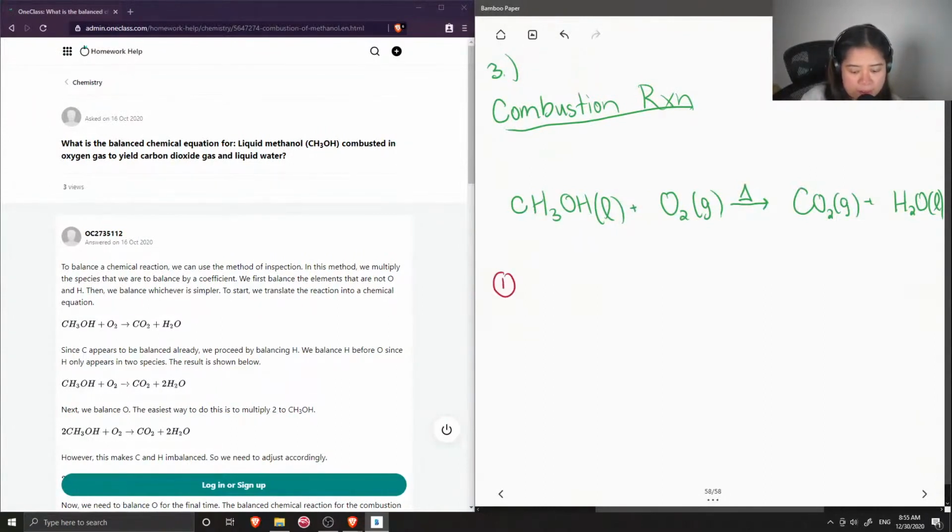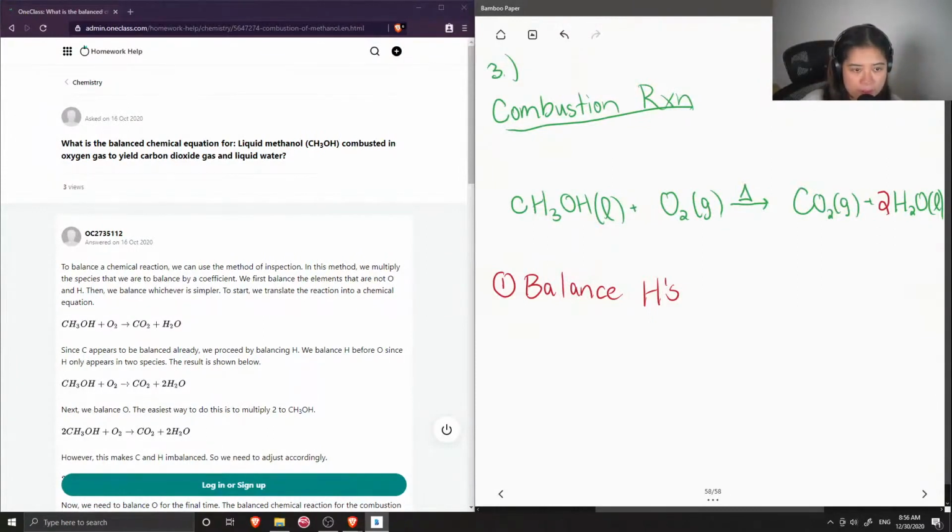And I'm just going to balance out my hydrogens next. So you'll see there are 4 hydrogens on our reactant side and only 2 on our product side. So step 1, balance out the hydrogens. So there's 4, so I need to add a coefficient of 2 in front of water.